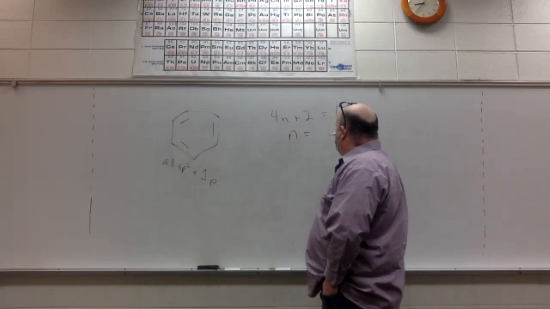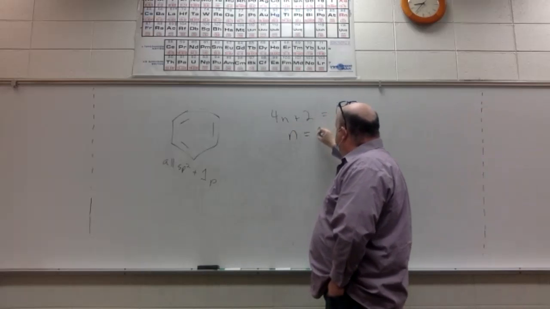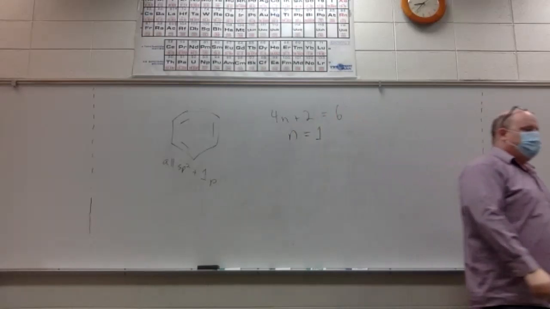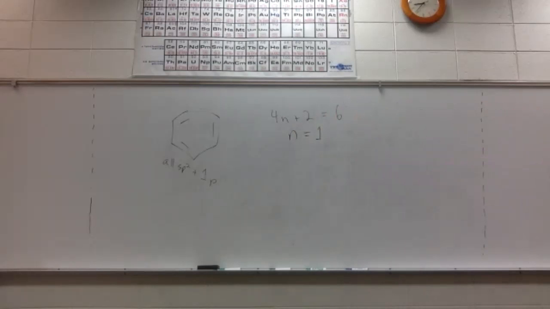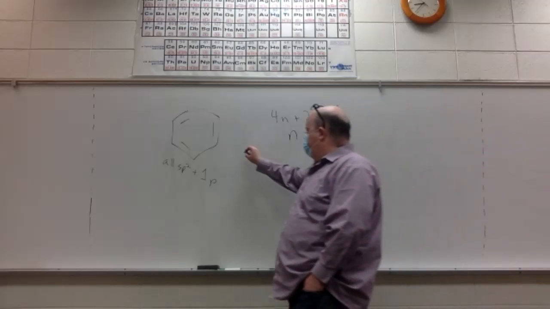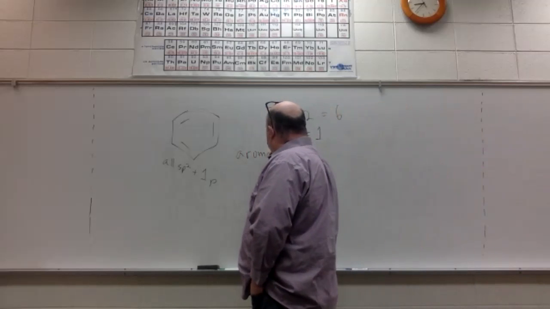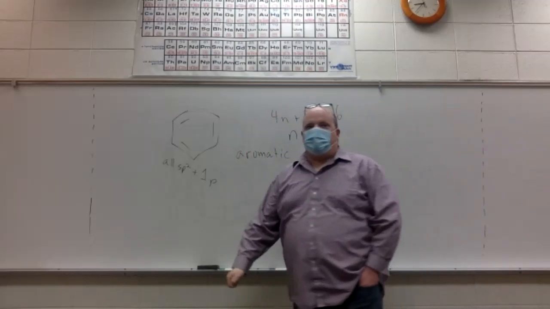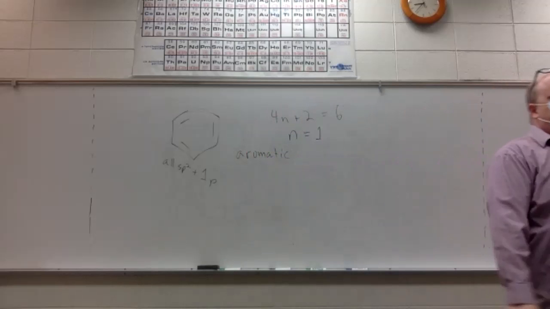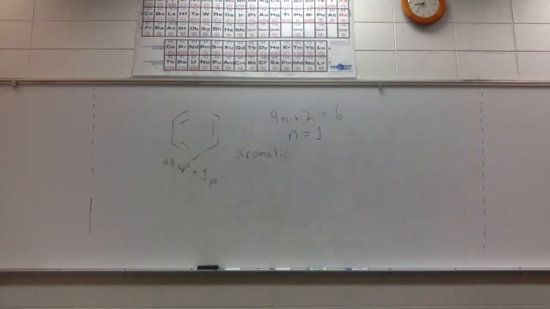But I think we can probably safely say that n is going to be equal to 1 in this case. And that is a whole number. So that means our Huckel number of pi electrons is satisfied. And this one would classify as aromatic. Okay? Does that make sense?